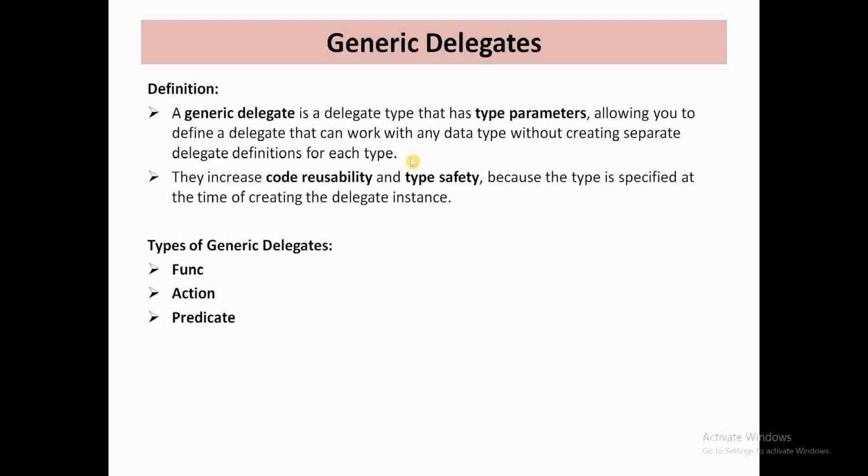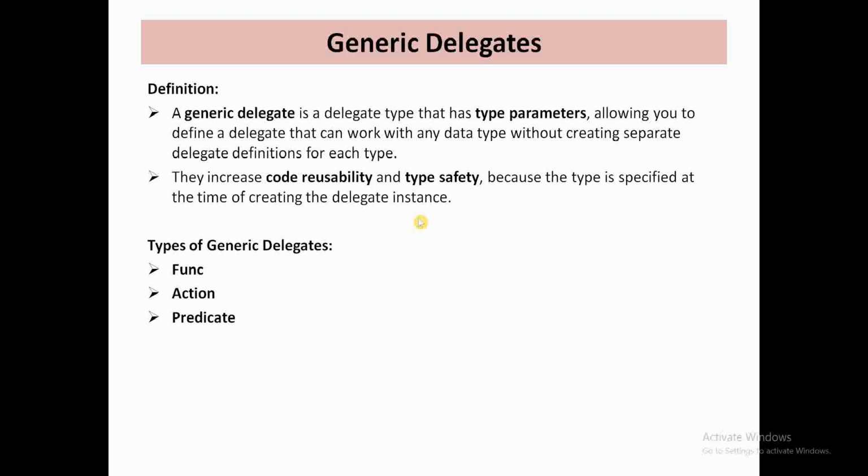We can create that inside the main method with the proper type. They increase code reusability and type safety because the type is specified at the time of creating the delegate instance. So here we can reuse that code again and again where we want it, and it is type safe because we can directly use that particular type while we are creating any new delegate instance.